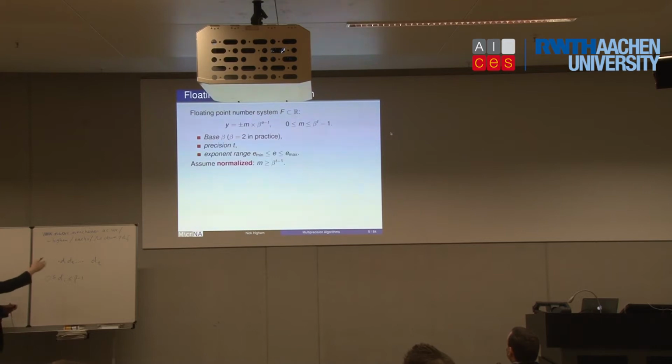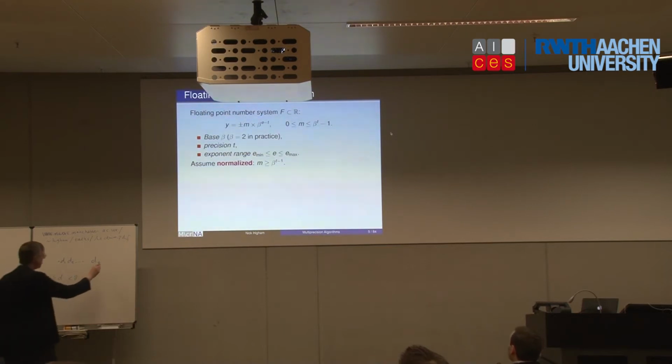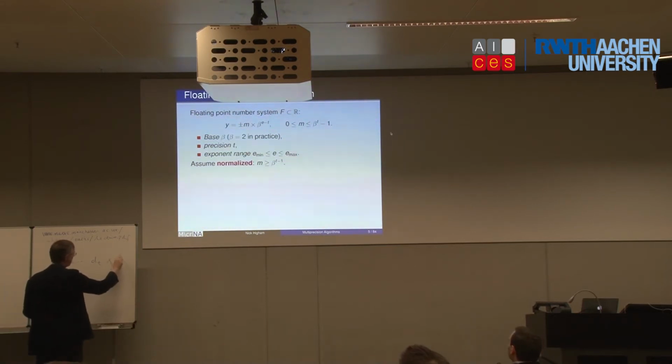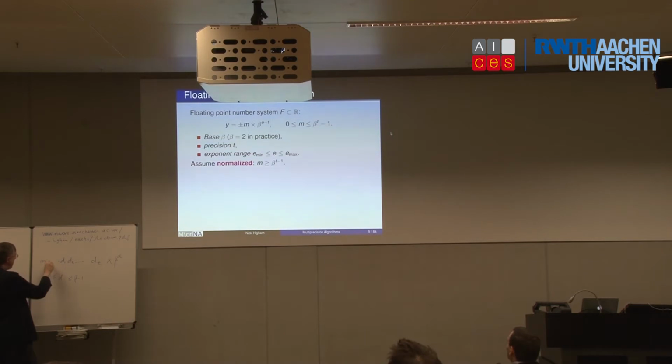So you literally write down the digits of the number. What we're doing here is essentially, if we multiply this by beta to the t, it's now an integer, because we're just shifting the point after the dt. And then if we adjust the exponent by t, you get what is written there.